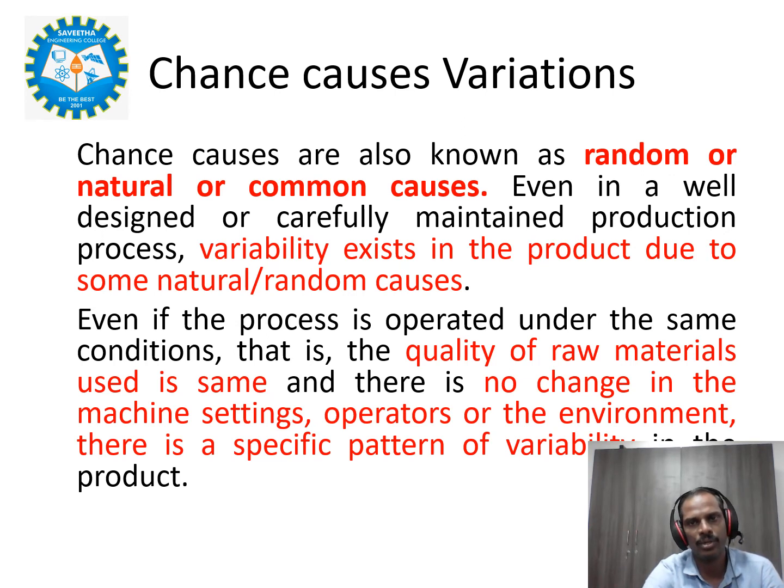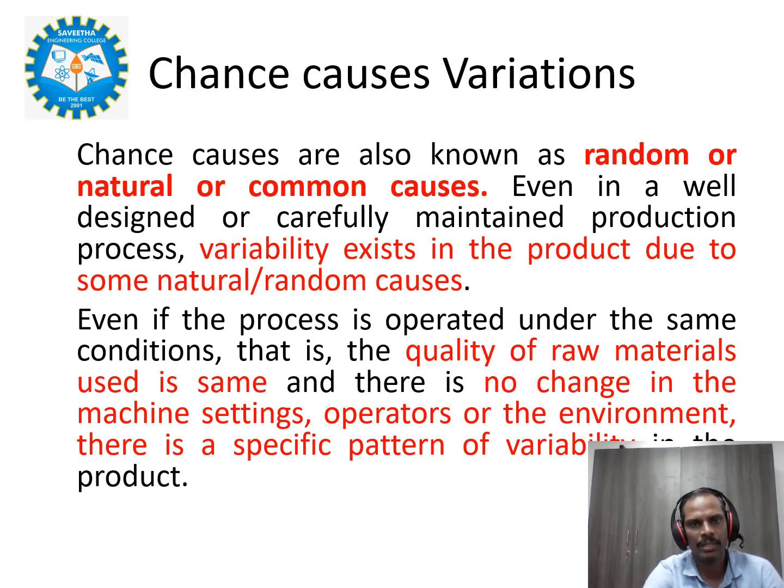Chance causes are also known as random causes, natural causes, or common causes. Even in a well-designed and carefully maintained production process, variability exists between products due to natural or random causes.